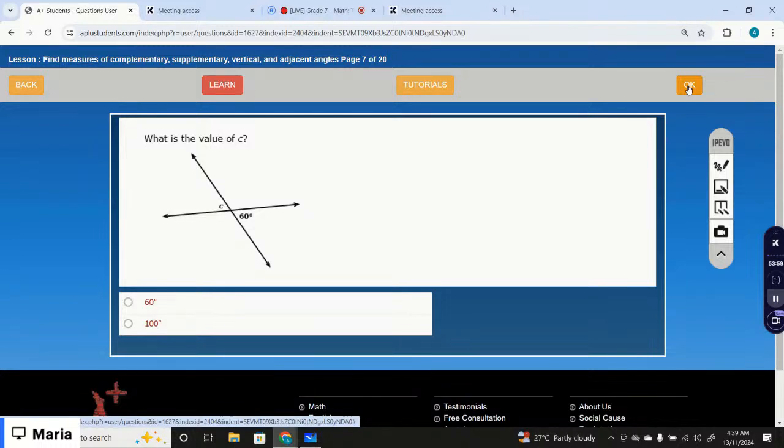What is the value of c? That is 60 degrees.